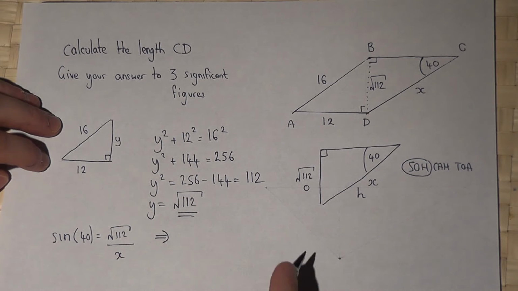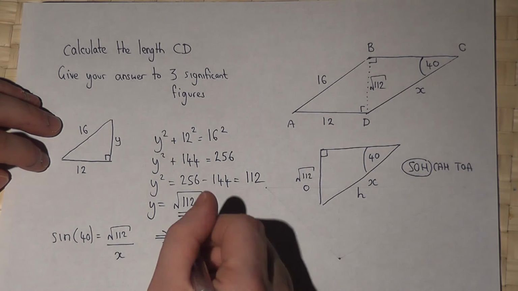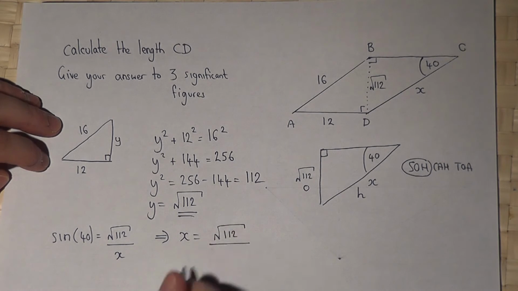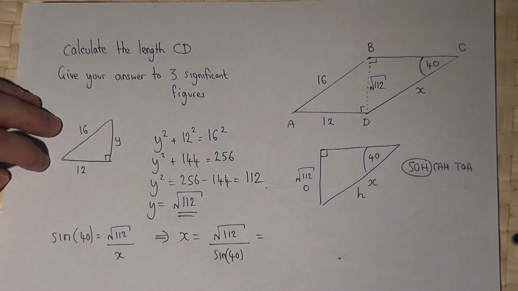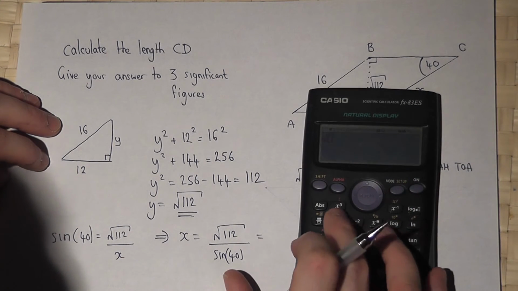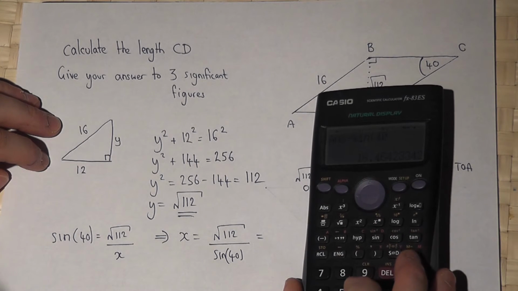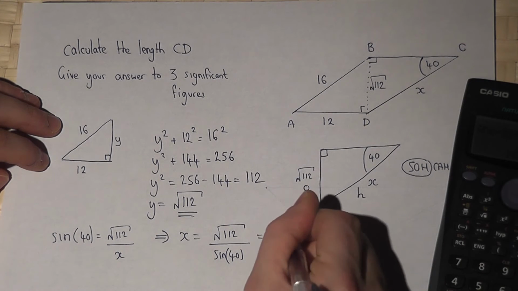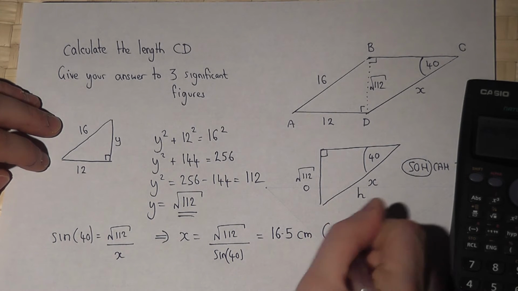So to find x, I times by x and then divide by sine 40. So x equals root of 112 divided by sine of 40. So if I get my calculator, I put in root of 112 and divide by sine of 40, which gives me 16.5 centimetres to 3 SF.